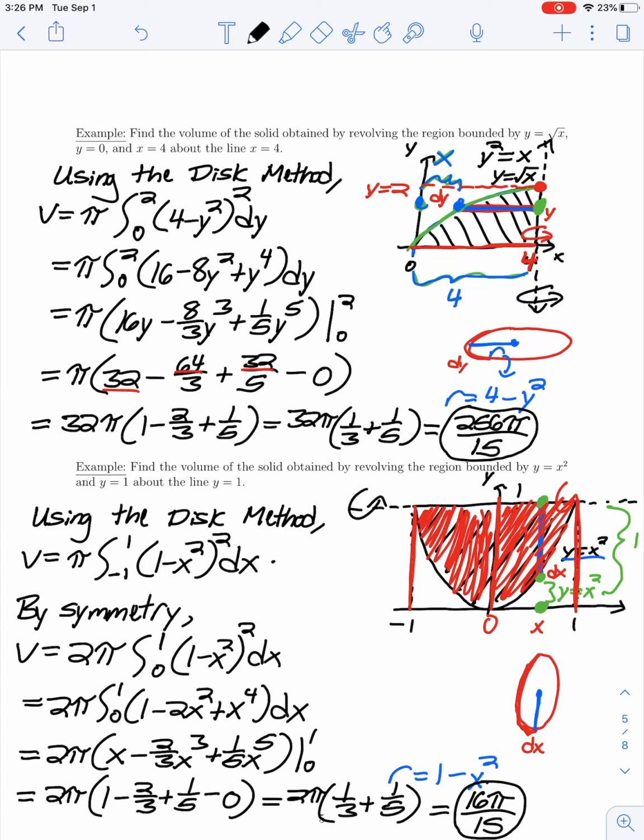Again, these last two examples are illustrating that if our axis of revolution is not simply the x or the y axis, making use of the disk method is a little bit trickier because we have to be careful about finding an expression for the radius of our disk.